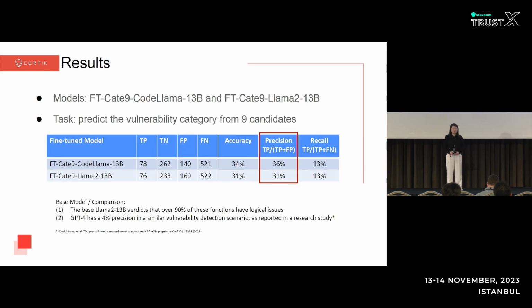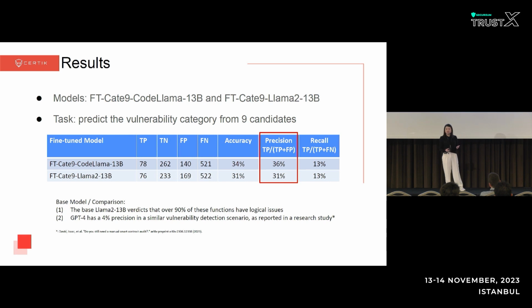So this is the actual result after we did the study. From the table, you can tell that the Llama 13B model is still doing a better job than Llama 2. And remember, in the previous slide we mentioned Llama is trained for a specific code-related task, and Llama 2 is for more general tasks.